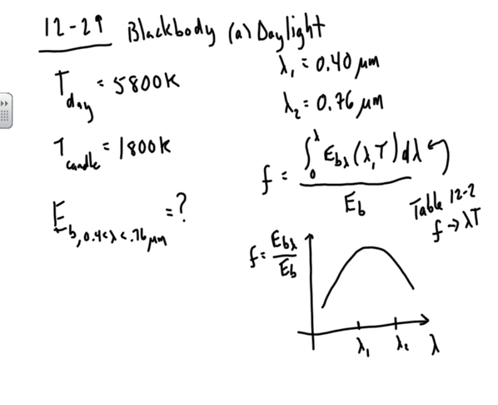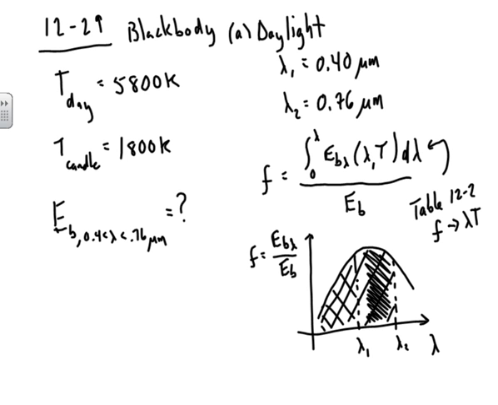When we look on the chart for lambda 1, what we are given is the entire area from 0 up to lambda 1. Then we can look up the area under the curve for lambda 2, which is again all the way from 0 but now up to lambda 2. If we subtract the two areas, we'll find what we are looking for, which is the fractional value between lambda 1 and lambda 2.